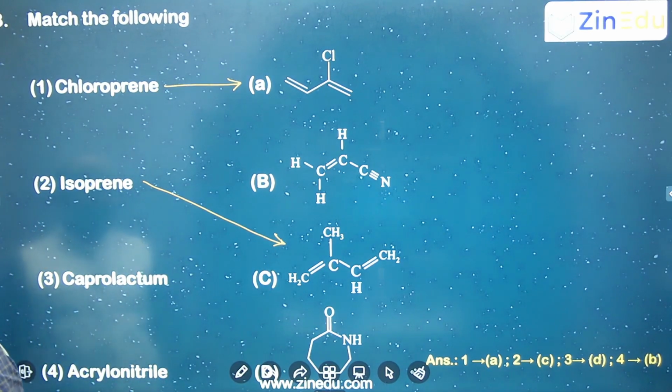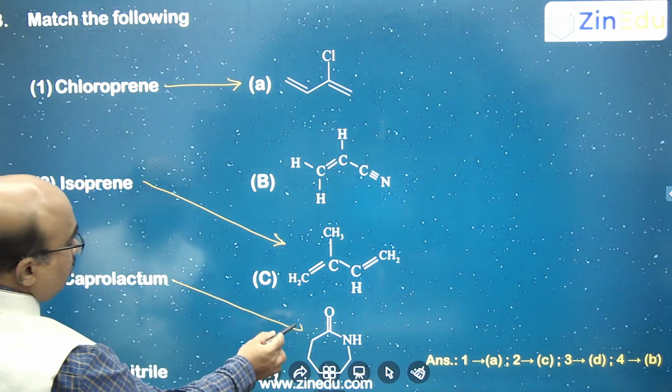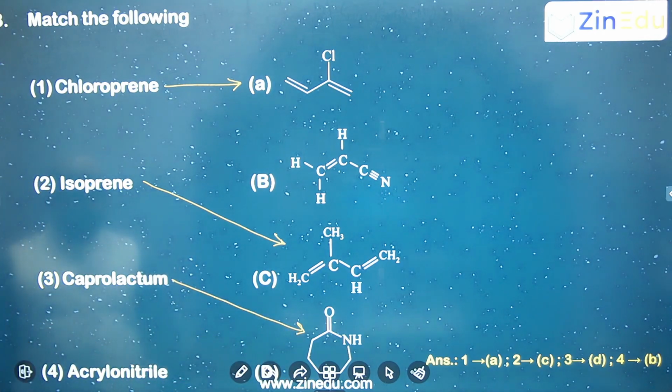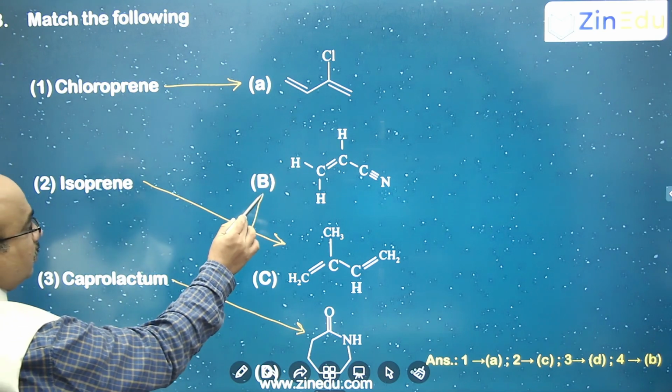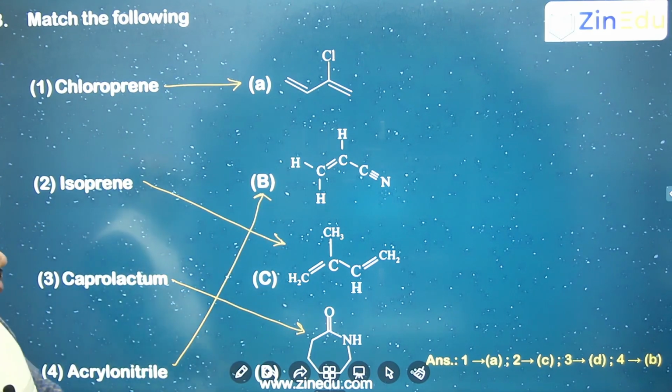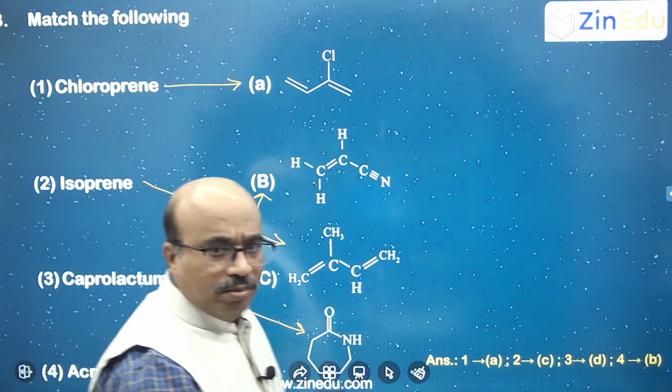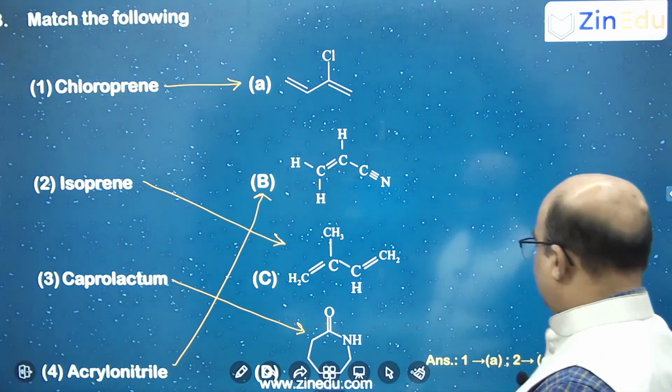Caprolactam is cyclic, and acrylonitrile is vinyl cyanide. Clear? So it's again direct, based on the formulas. If you just identify the formulas, it will be done. Next.